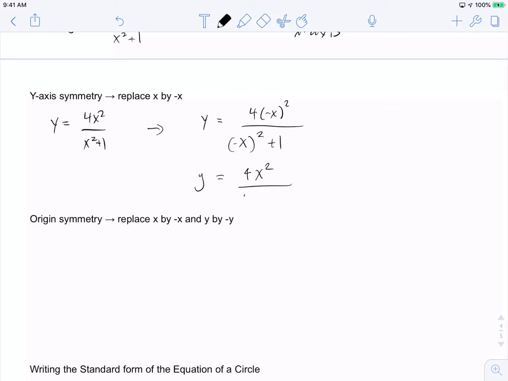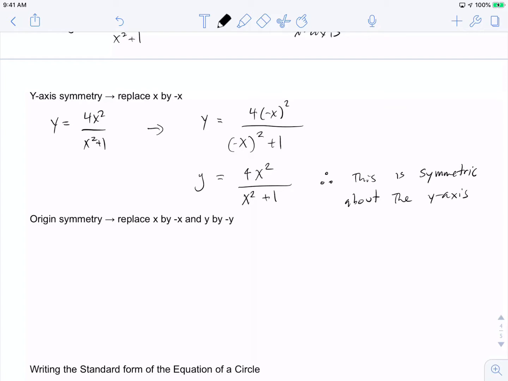And on the bottom, the same thing is going to happen. We're going to get x squared plus 1. We notice that this is equal, and therefore, this is symmetric about the y-axis.